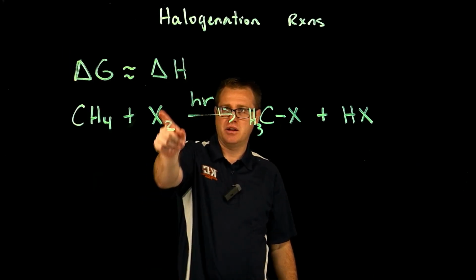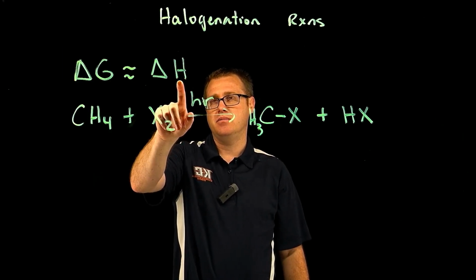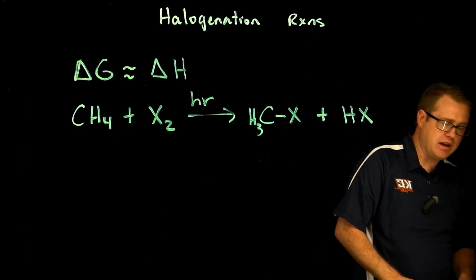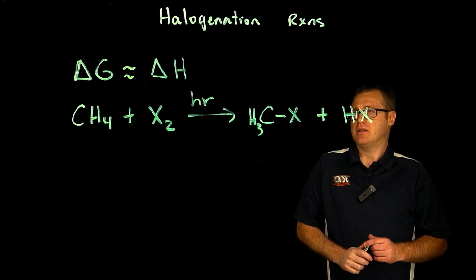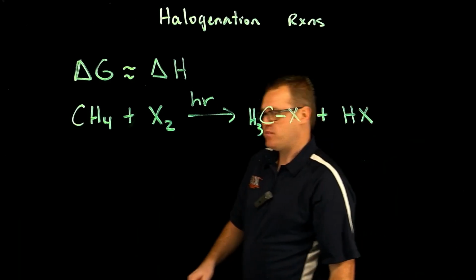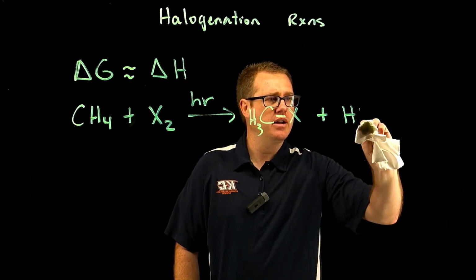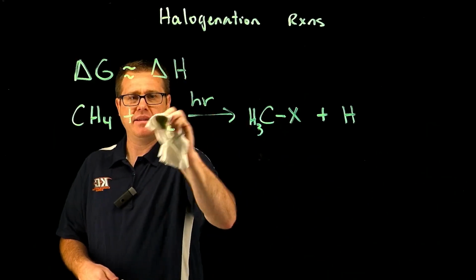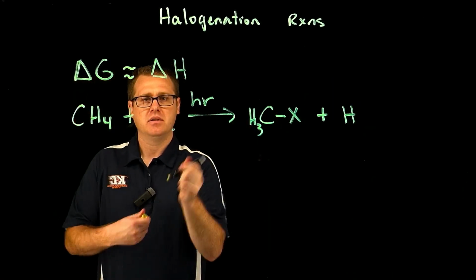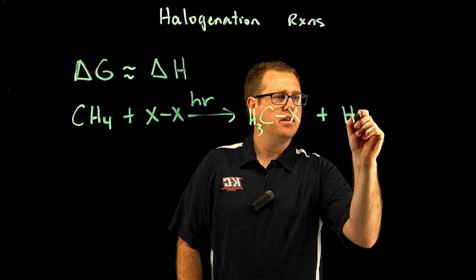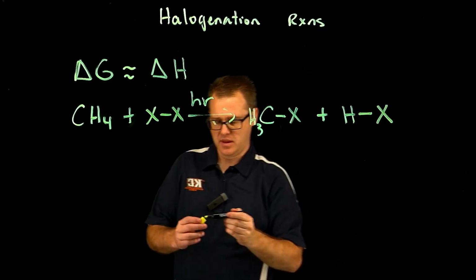So in order to calculate enthalpy, we can start looking at bond association energies. And to help us better understand what's going on here, I'm going to expand this out, showing bonds like that, and then like that.